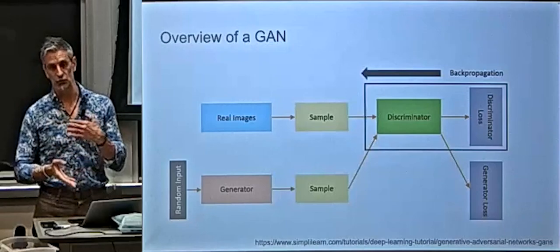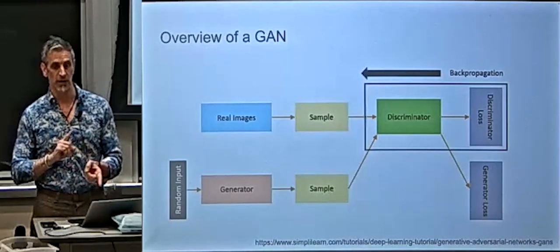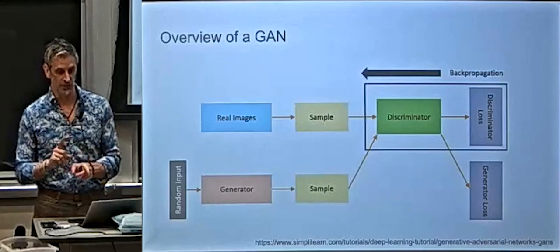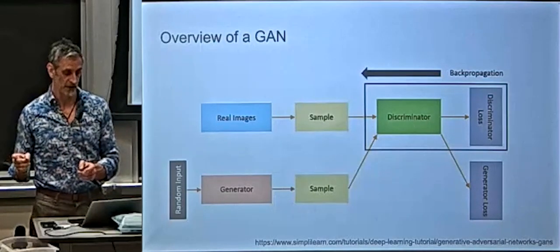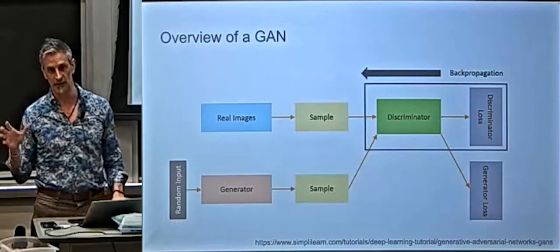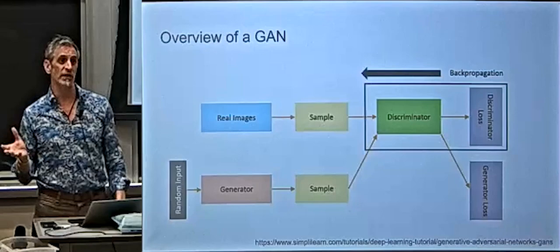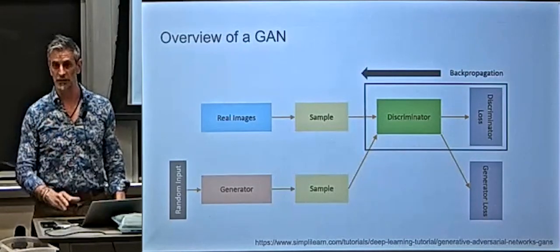So if we can train these at the same time, then in the best of all worlds, they're going to be improving together. And it's going to end up being able to produce examples that are very difficult to distinguish from what's in the training set.